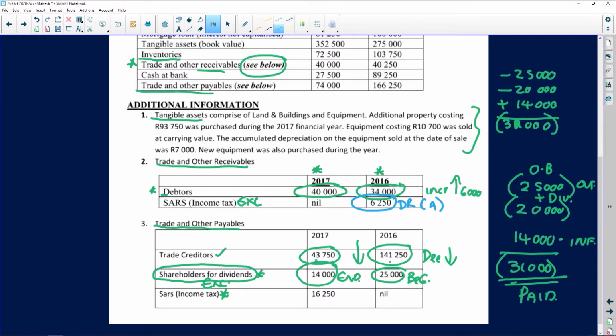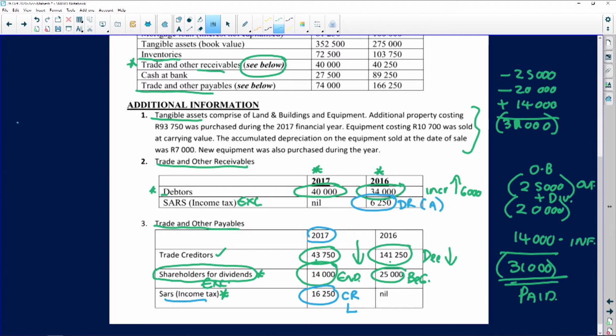And in 2017, SARS income tax is trade and other payables, in other words, a credit balance, a liability, 16,250.